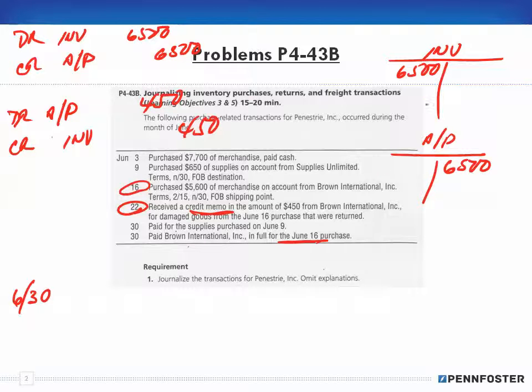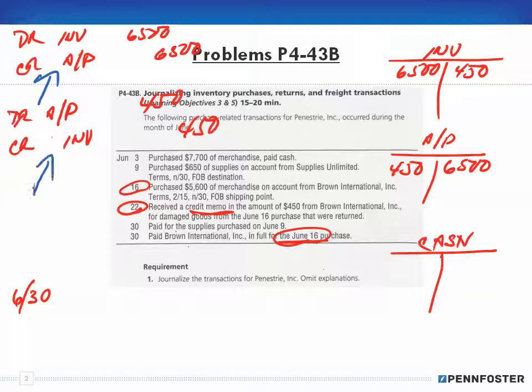Well then under my accounts payable, I have a debit of $450 and a credit of $450 here for inventory. So being able to look at this, if I'm going to pay in full using cash, even though it says paid Brown in full for the June 16th purchase, I'm not going to just look at the June 16th entry. I have to look at all of the entries that are affected by that initial purchase.